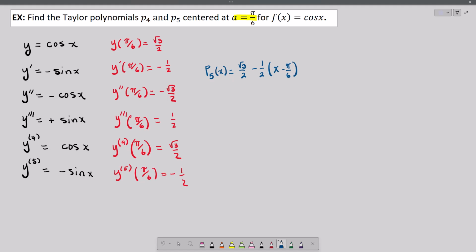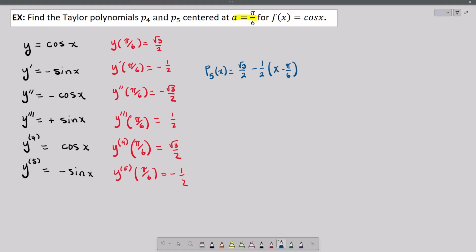And this power is just to the first. So that right there is p sub 1. That is the tangent line. So any questions to that stage? That's just the tangent line. Constant plus constant times x minus a. So that's p sub 1 right there.